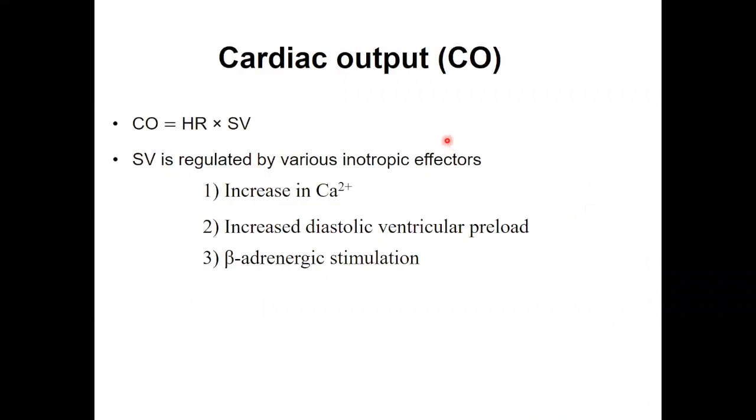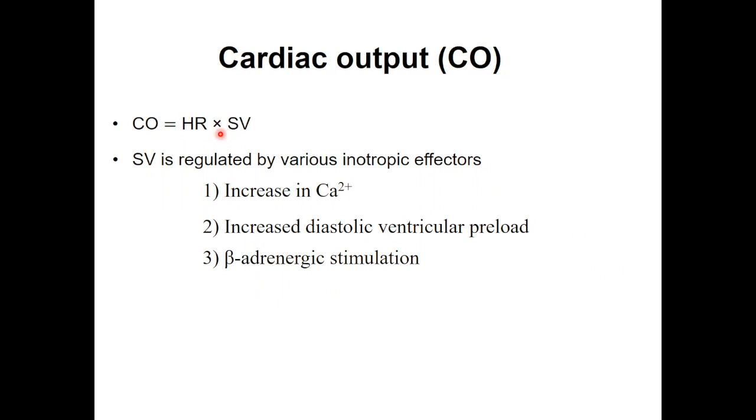To meet the body's demand for oxygen, cardiac output is precisely modulated, primarily by modulating both the heart rate and the stroke volume. The heart rate is mostly controlled by the nervous system, and the stroke volume is controlled by myocardial contractility as well as the pre- and afterload of the heart.